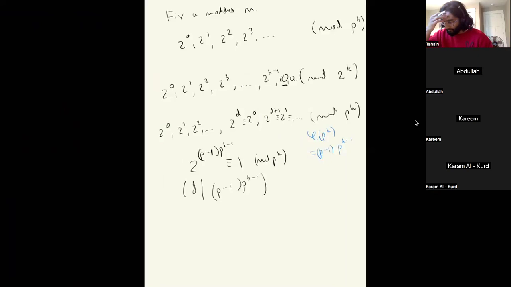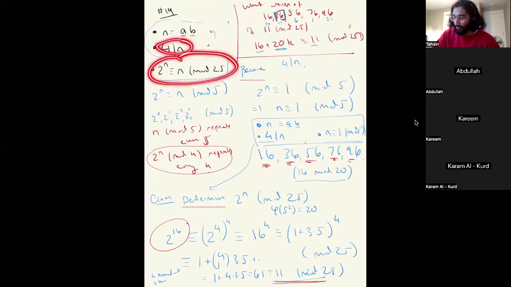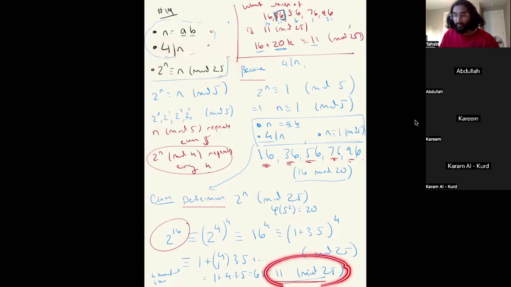What was the whole point of the previous calculation? If n is divisible by 4 and 2 to the n is congruent to n mod 25, the conclusion is that n is 11 mod 25.